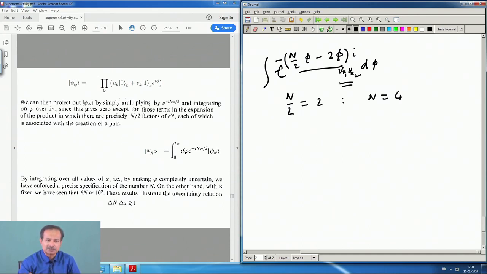That means this conjugation exists: when phi was fixed, then delta n was of the order of a billion. Now I am making phi unfixed, integrating over all phi, so phi is uncertain, then my n gets fixed. So this follows the uncertainty relation delta n delta phi greater than or equal to 1.